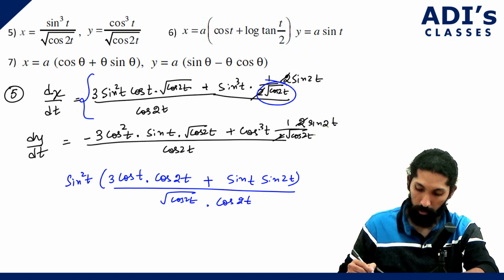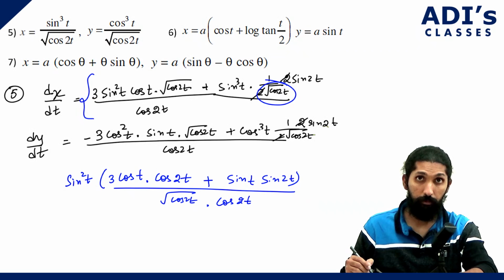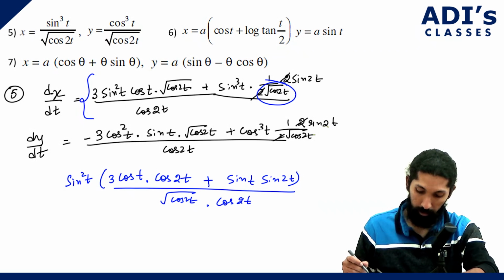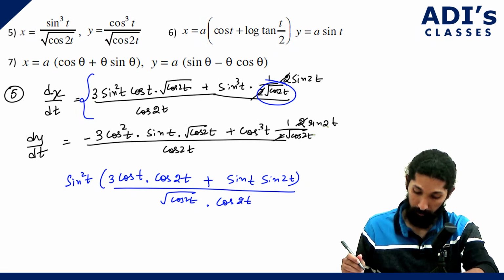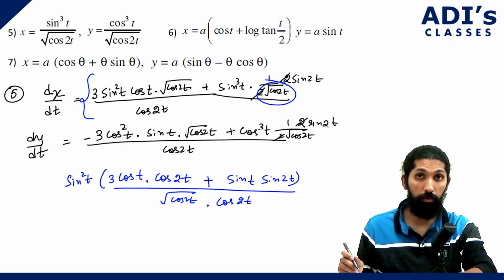Look at the numerator. If you look at the numerator, 3 cos t cos 2t plus sine t sine 2t. Correct? Now, likewise, we'll do the same thing with the denominator also. Alright?